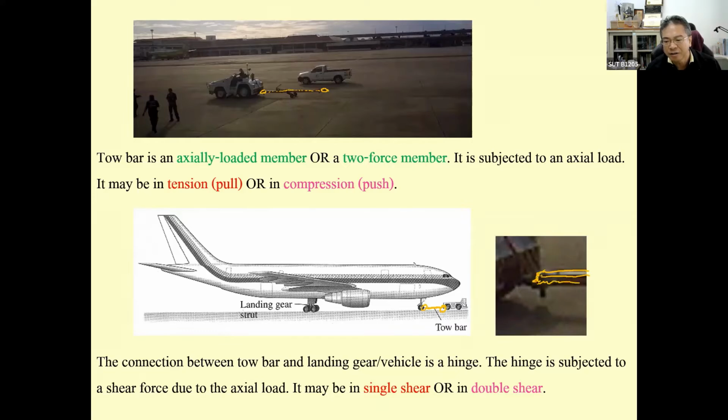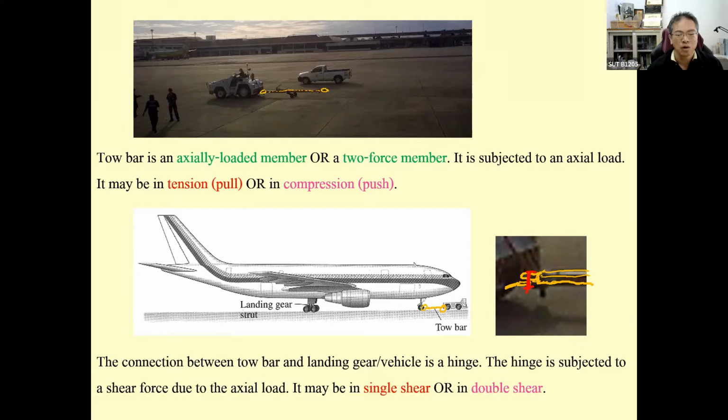Okay, this member connects to the vehicle. Okay, and for that connection, they use the bolt. The bolt is going to be something like this one. Okay, pushed into that one, and then let me make some discussion.